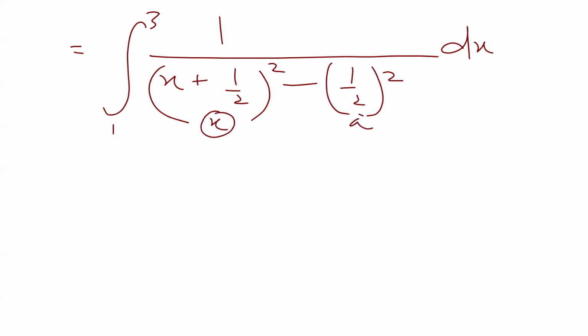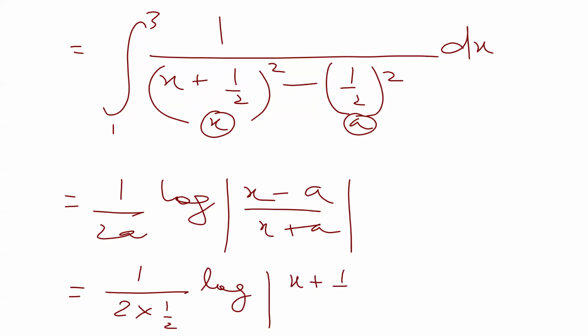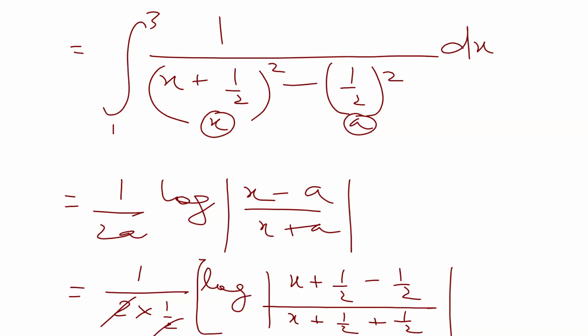So this is x and this is a. 1 upon 2a log mod x minus a upon x plus a. So 1 upon 2a, x plus half minus half, x plus half plus half. So 2 and 2 is getting cancelled. Chain rule part will be 1 divided by x of x plus half is 1, so that need not be included.